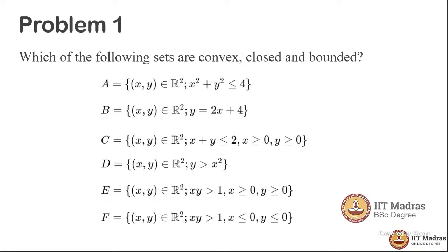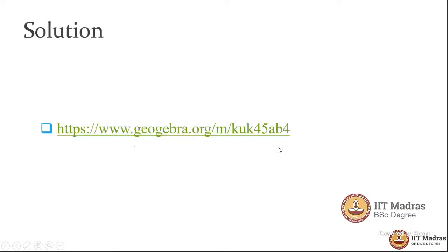For variables x and y, we have a bound: x should be greater than or equal to 0, and their combination is less than or equal to 2. At that time, it is bounded. D is not bounded, E is not bounded, F's objective is not bounded. xy greater than 1 means it could be anywhere. Yes, correct.